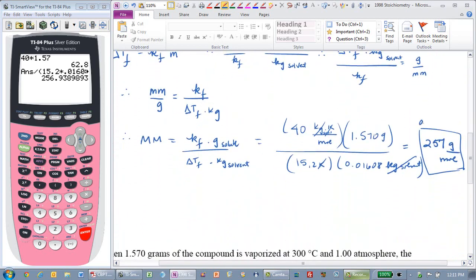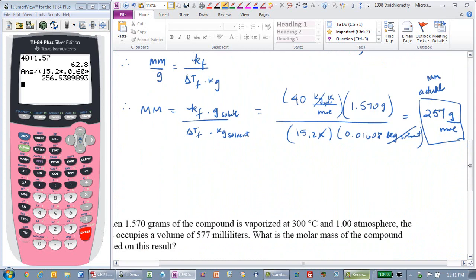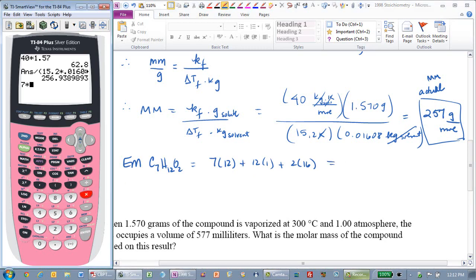This is the actual molar mass as experimentally determined. So we need to look at the empirical mass. So I'm going to call it EM. Remember, it was C7H12O2. So that's 7 times 12 plus 12 times 1 plus 2 times 16. So that's how many of each atom and its rounded off molar mass. So that equals 7 times 12 plus 12 plus 32.